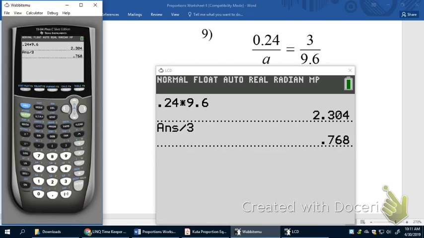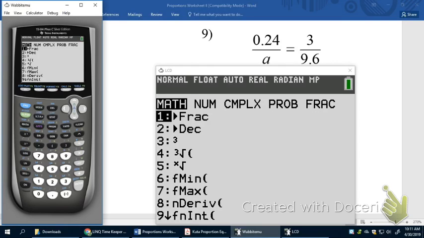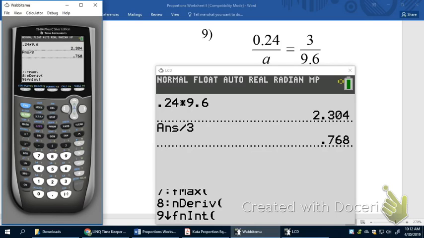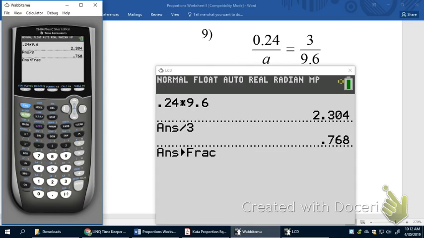Now if you're wanting your answer to be a fraction instead, what you'll need to do is hit the math key right here under alpha. When I click on that, your first option will be to convert the answer to a fraction. If ever you want to convert it back to a decimal, you may use the second option there, but I'll use this first option to convert it to a fraction and hit enter again.